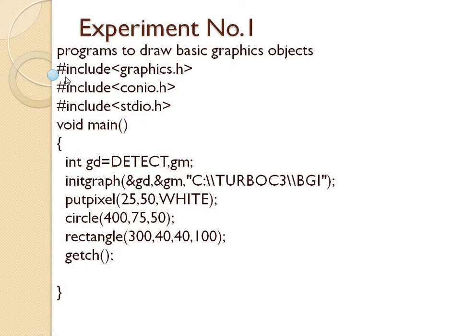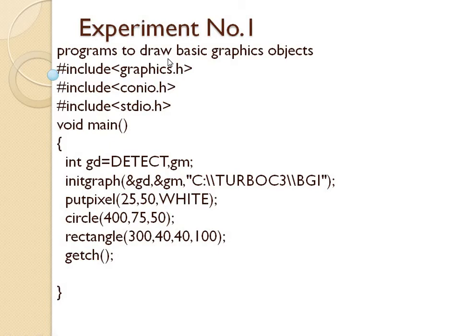We first include the header files, that is graphics.h, then conio.h and stdio.h. In every program we include the graphics.h header file.